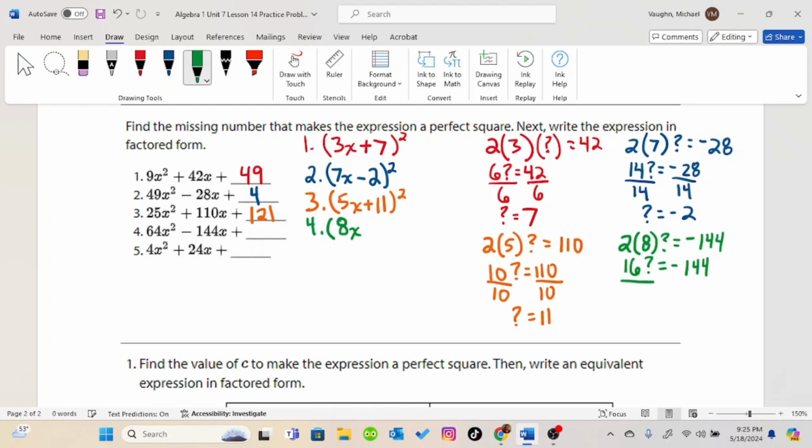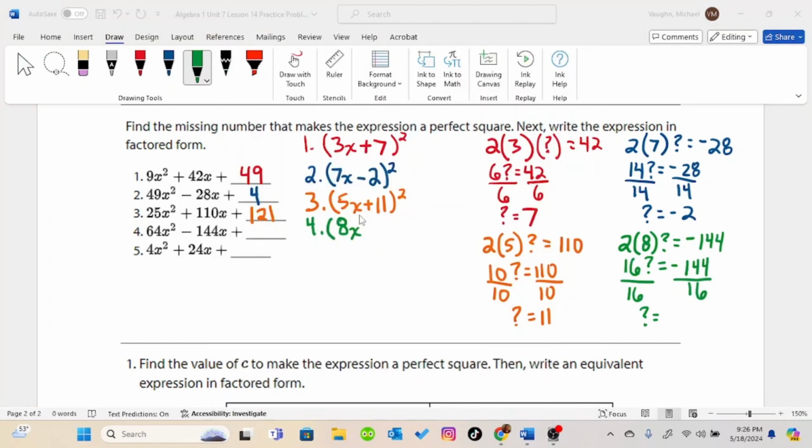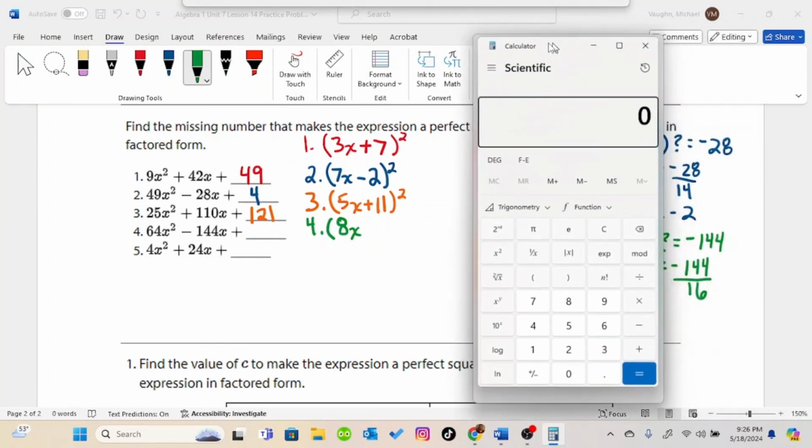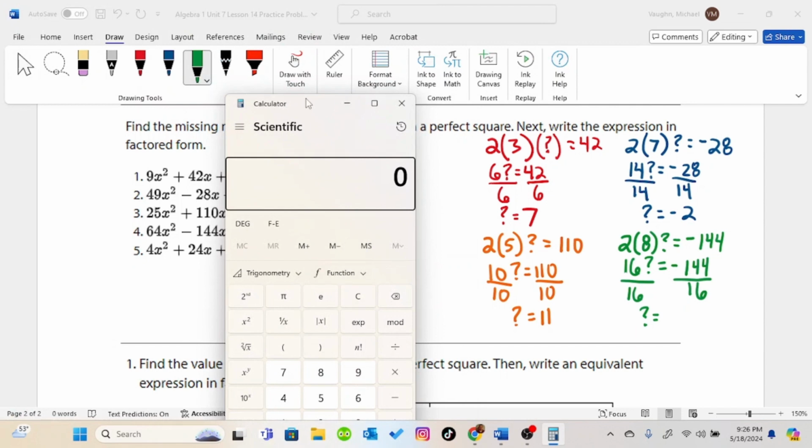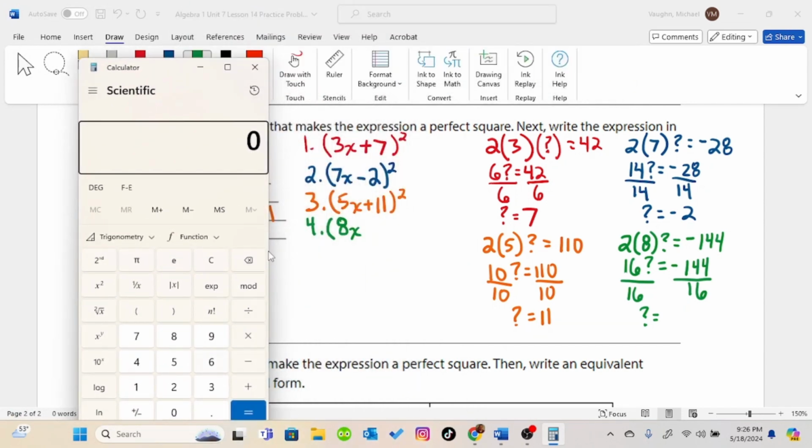And if I divide both sides by 16, I find out that that something is negative 144 divided by 16 equals negative 9.